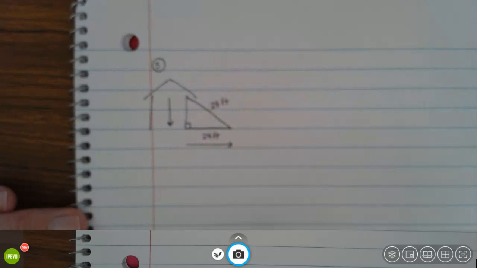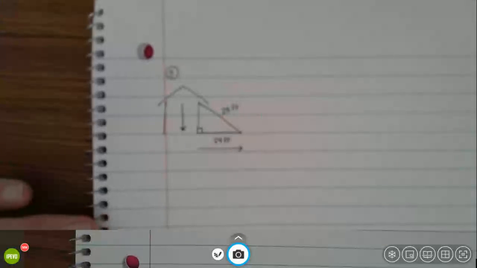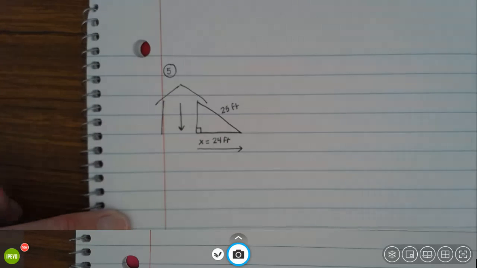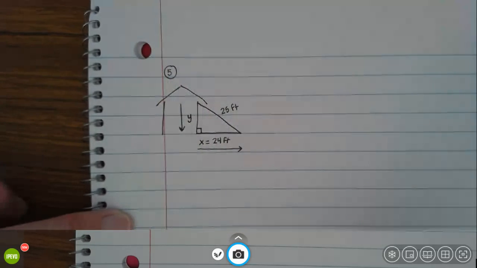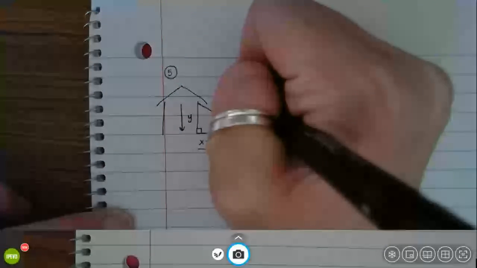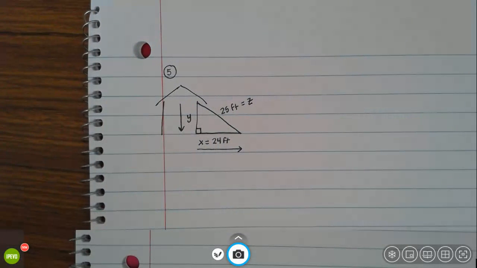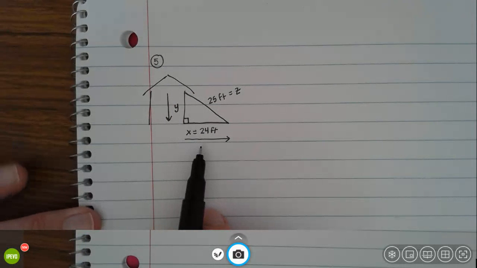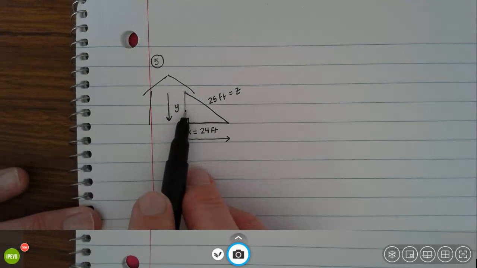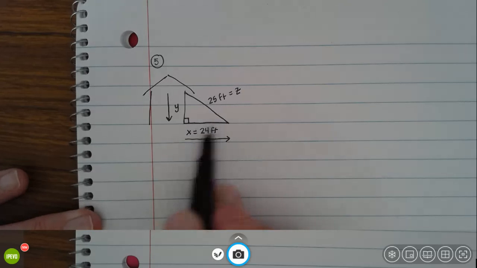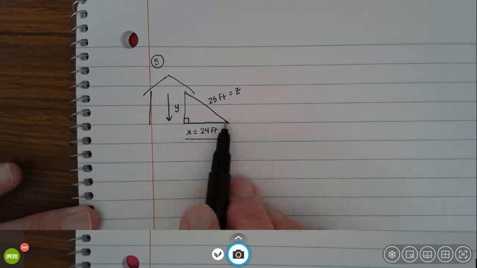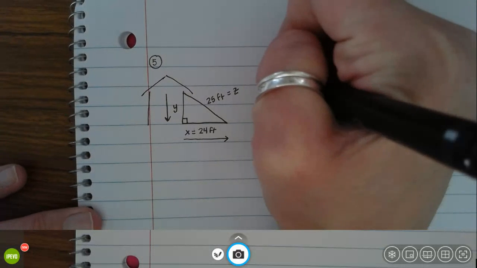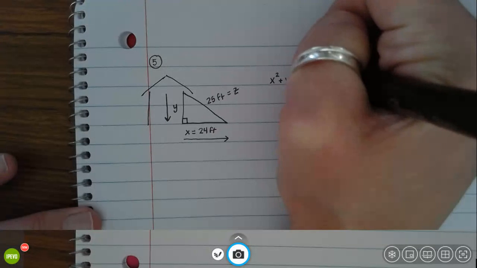And we said that we would label these as we would think about the XY coordinate plane. So I'm going to label this bottom distance as X, this vertical distance as Y, and we said that we would call this diagonal distance Z. Just using what we know about right triangles and the Pythagorean theorem, we can use x squared plus y squared equals z squared to figure out what this y value would be, which will be important when we set up our equation.